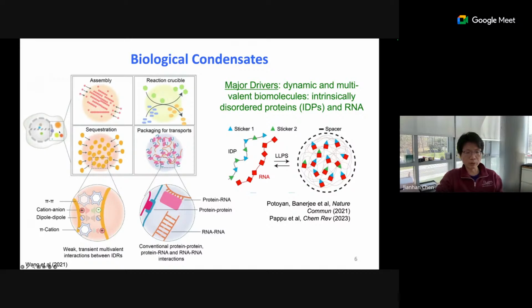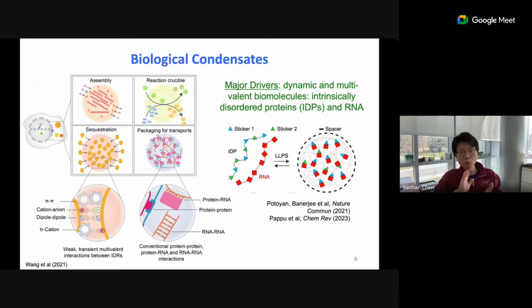And people started to look at how different types of physical interactions are key to bringing these molecules together when they phase separate. These are details we do not need to talk about now. But the key thing is that the major drivers of these biological condensates are dynamic and multivalent biomolecules.